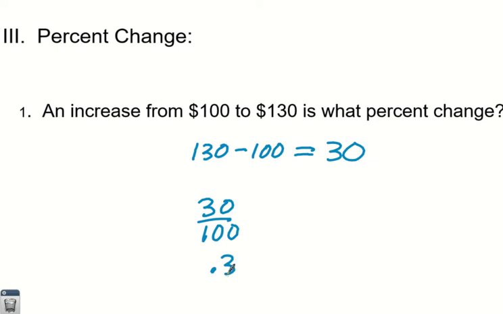Now you change that to a percent by moving the decimal place two places to the right, and so it would be a 30% increase, which seems right. Going from $100 to $130 is a 30% increase, because 30 is 30% of 100.